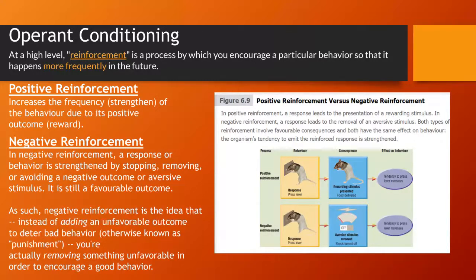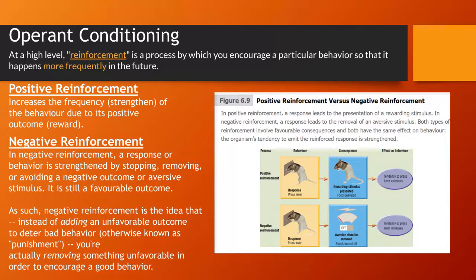Okay, so positive reinforcement, Skinner's rat. Okay, the behavior: pushes the lever. Rewarding stimulus presented: the food is delivered. So therefore the tendency to press the lever is increased. It is being rewarded. Now think about the shock. We know the little rat's getting a shock, but every time it pushes the lever, it turns the shock off. It is removing a negative consequence from the environment.